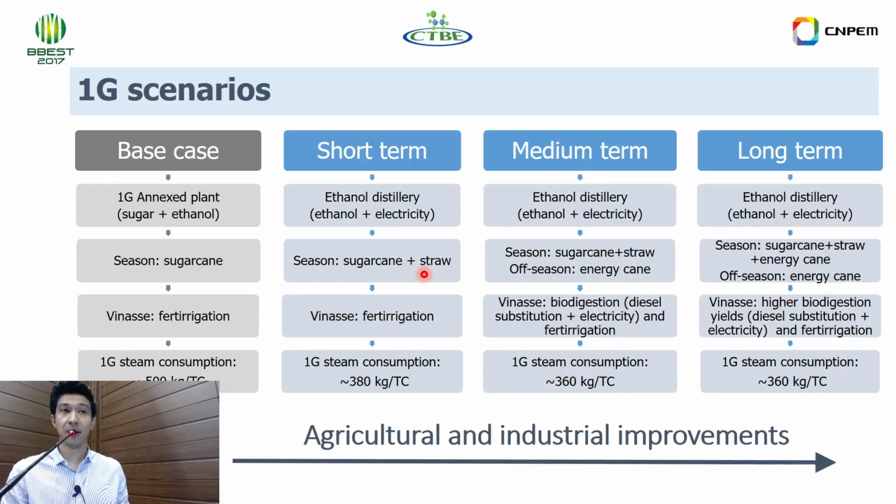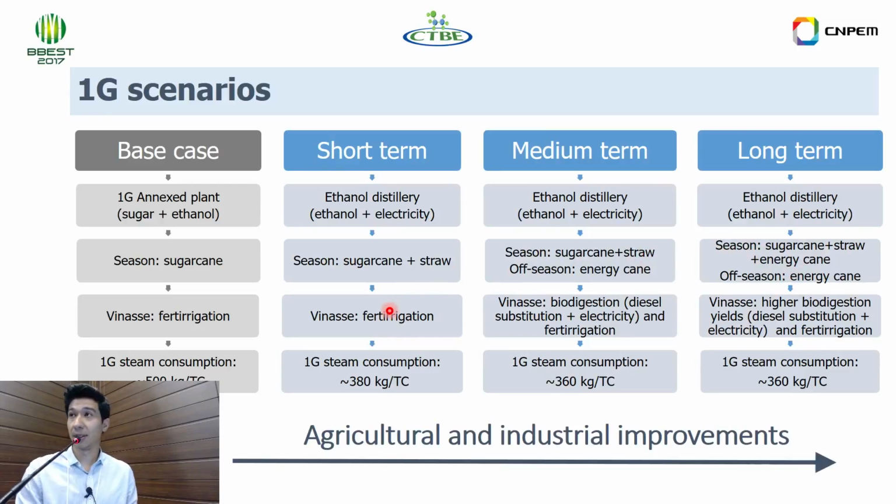The difference is in the biomass we use. We're gradually introducing new biomass, like trying to recover straw from the field in the medium term, and also in the off season we would use energy cane as an additional biomass. In the long term, we also would have energy cane during season and off season period.